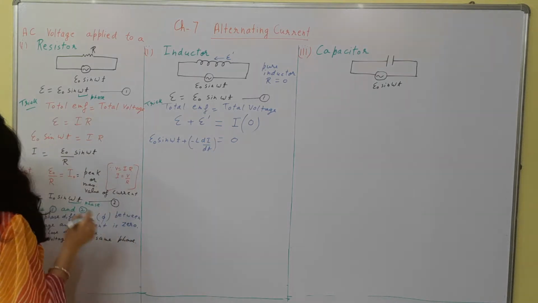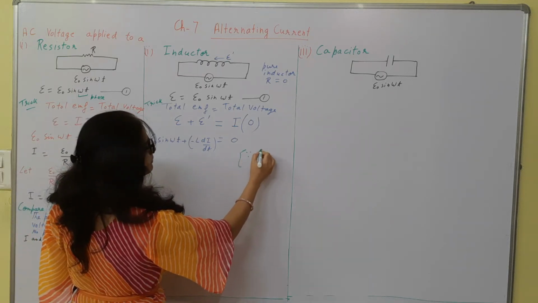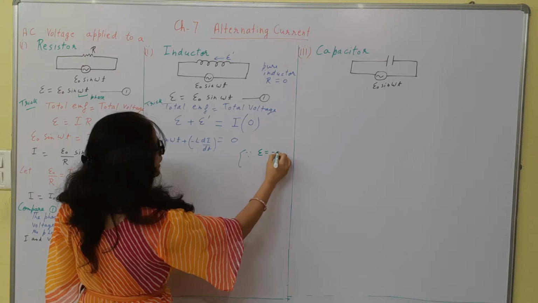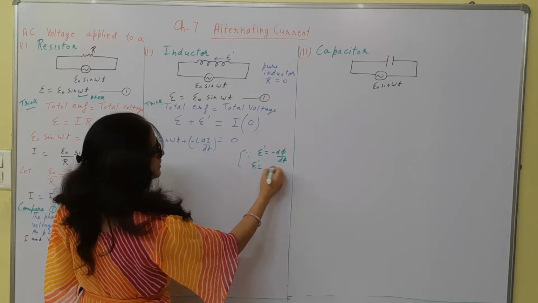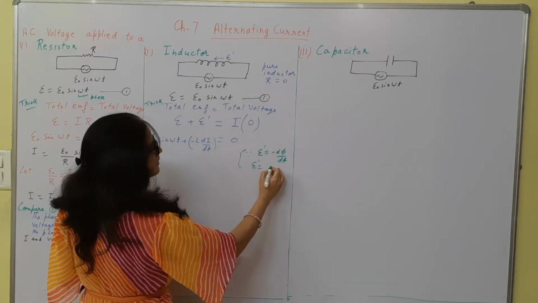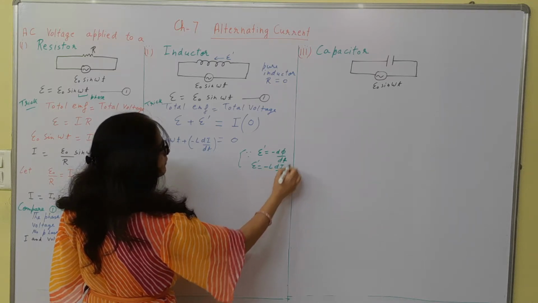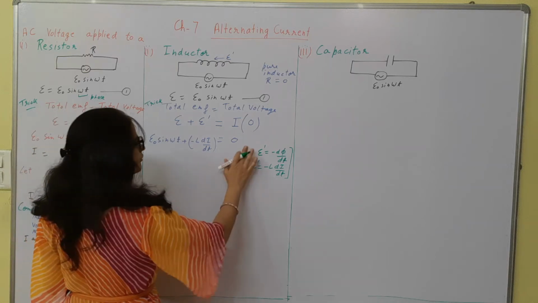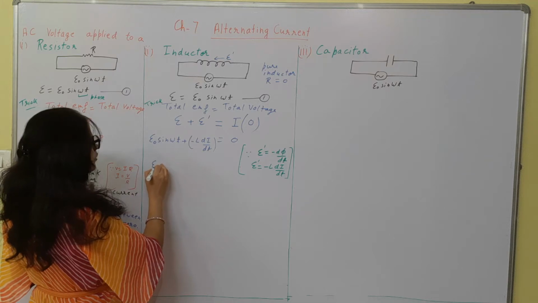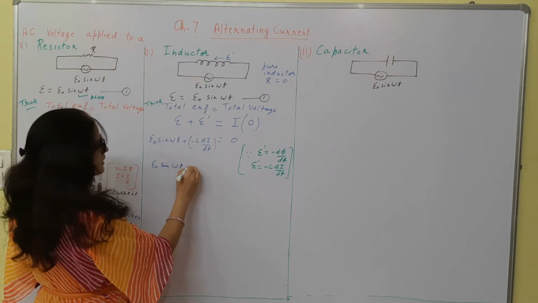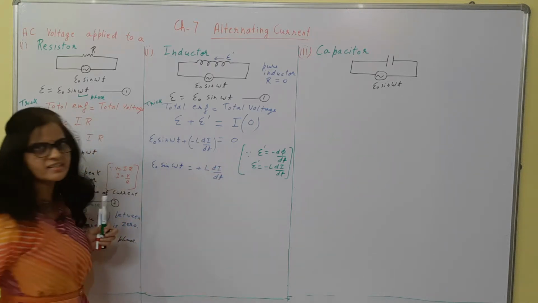If you remember that induced EMF is equal to minus d phi by dt, and phi is Li for an inductor, this is just a recalling of the concept. If we solve it, we'll get E naught sin omega t is equal to L di by dt, because we are shifting it towards the right side.